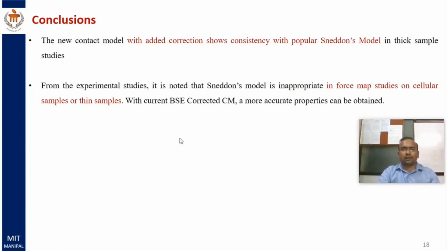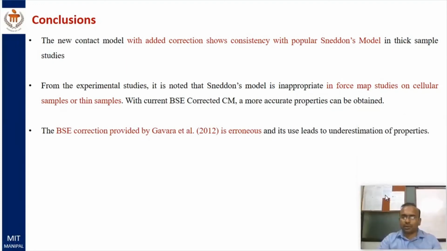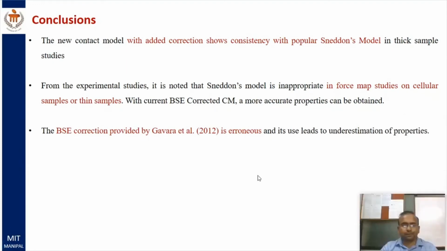In that case, the BSc corrected contact model is a better choice. Another important outcome of this study is we found that the BSc correction provided by Gore in his paper is erroneous, and it leads to underestimation of the properties.